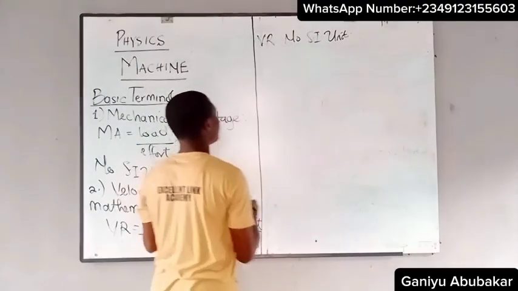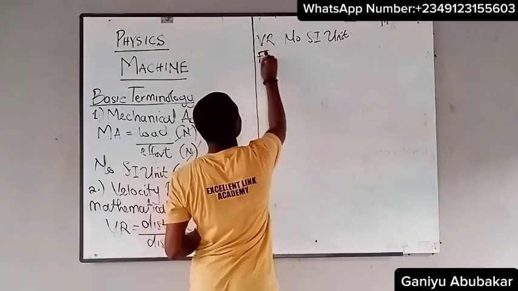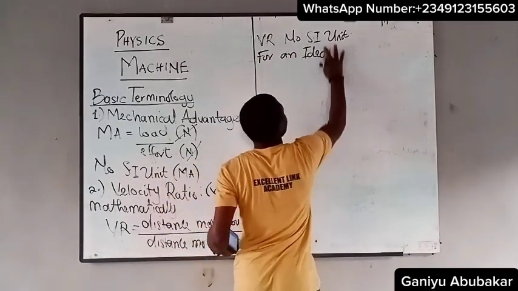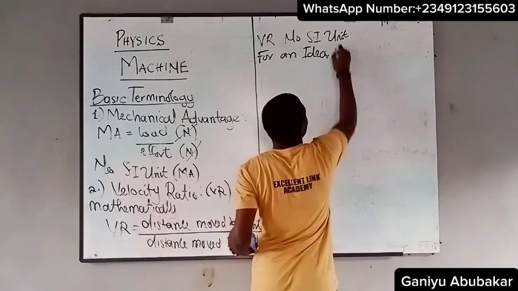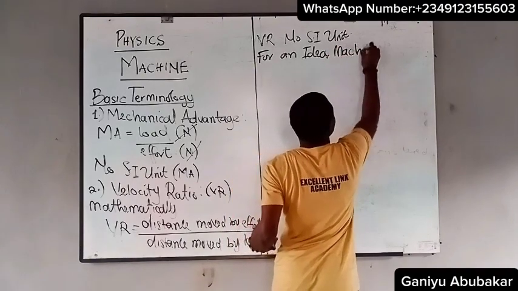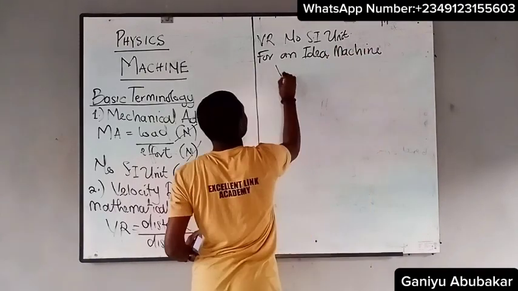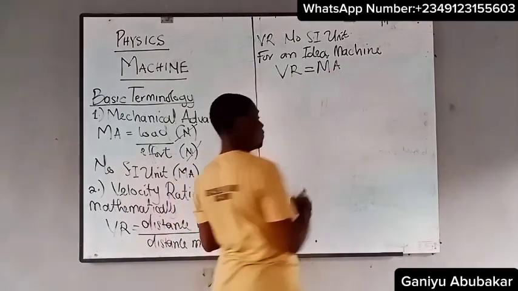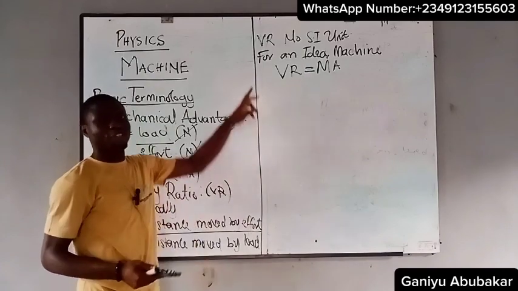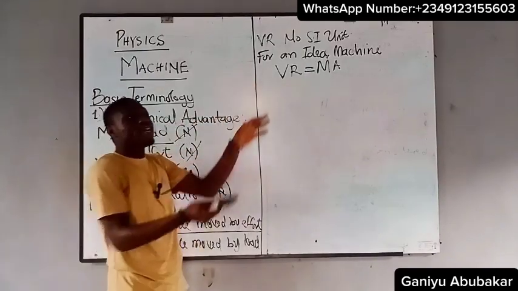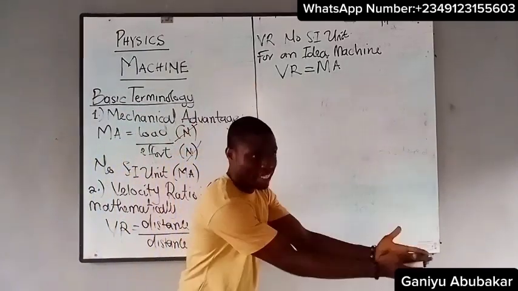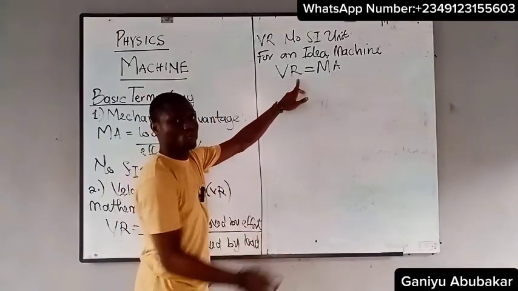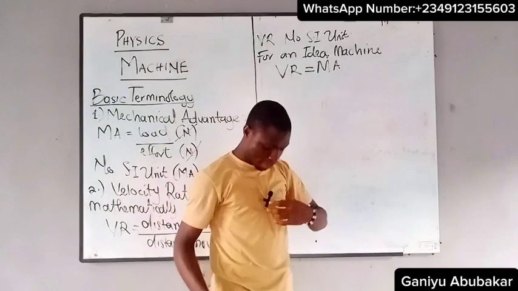So for an ideal machine, velocity ratio VR is equal to MA. A very important concept. We use it in solving some problems, right? Know that when a machine is in an ideal state, it has no friction. It means that velocity ratio is equal to mechanical advantage.